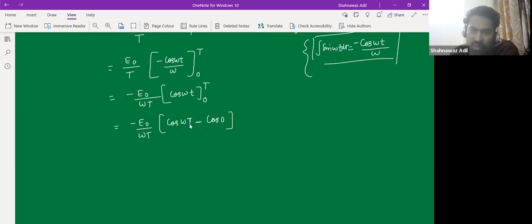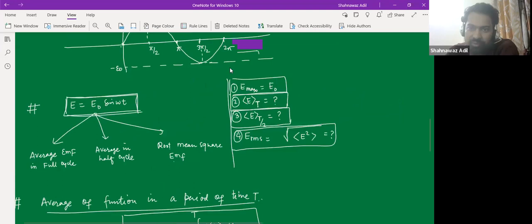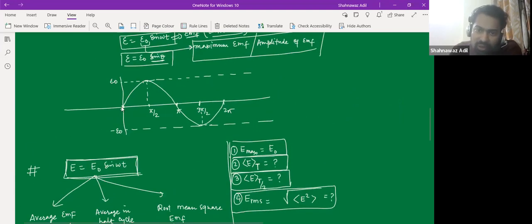If we remember, the time that it takes for this EMF to complete a full cycle is called the total time period T. And we know the angular distance it has covered in a full cycle is, theta is pi.